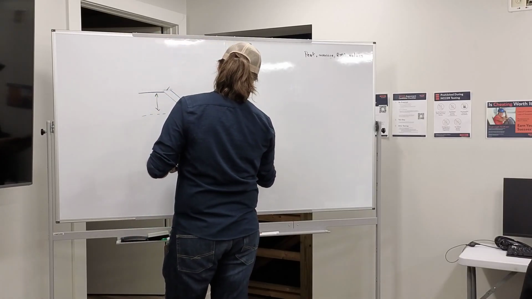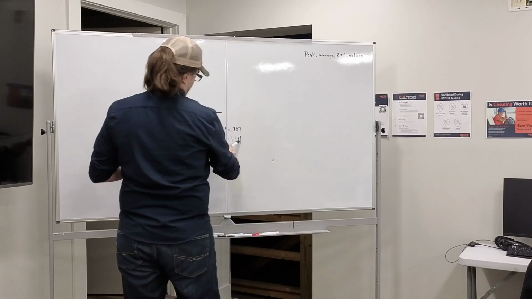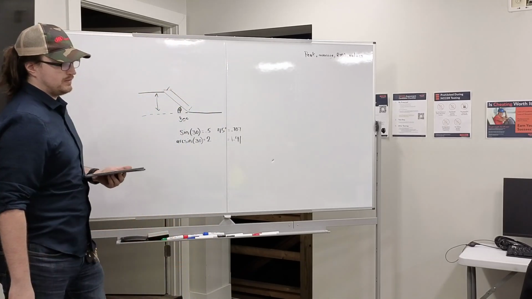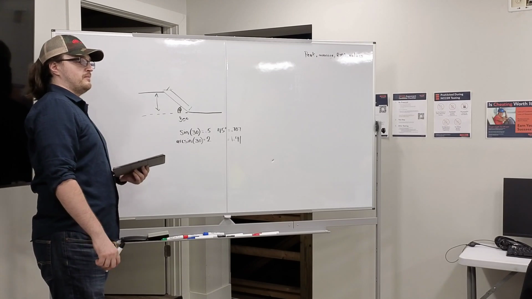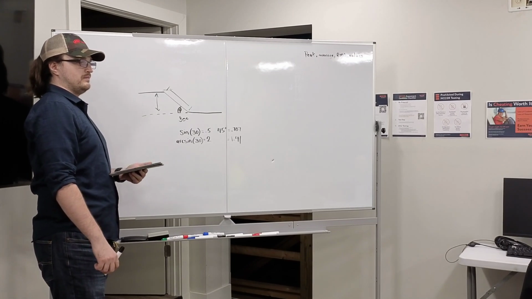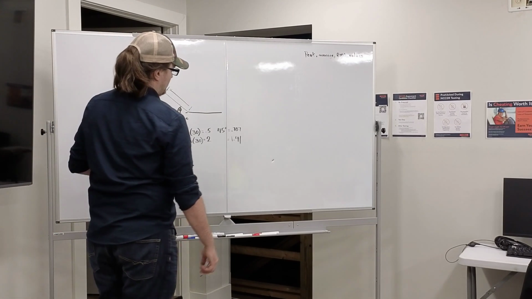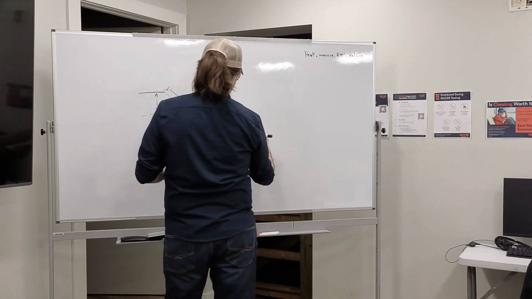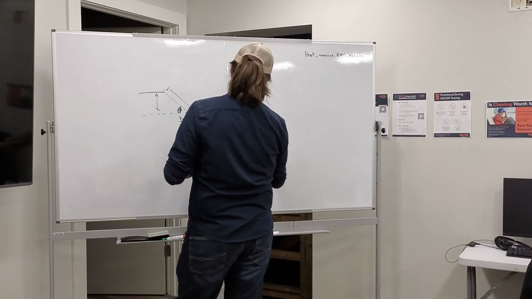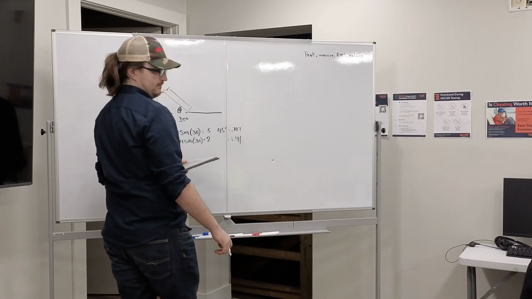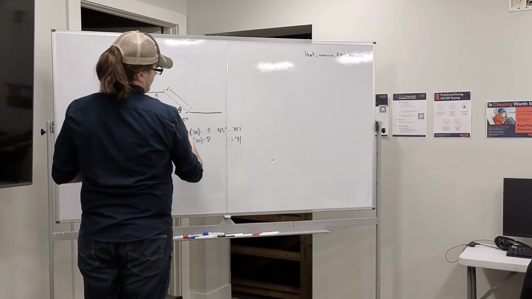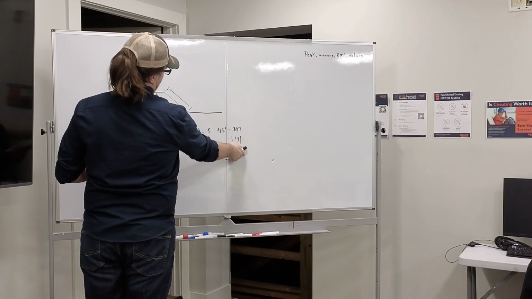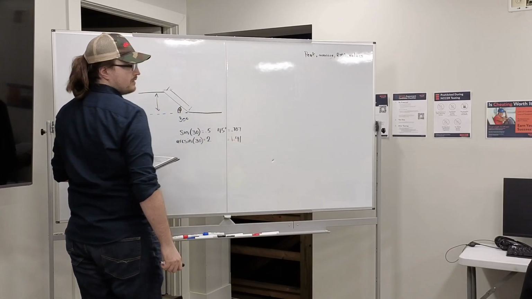Does that look familiar? Yeah, sure. That's your multiplier for 45. And you can do the same thing for all of them: 10, 22.5, and 60. So when you're doing your offset, this is your multiplier for a 45-degree offset.